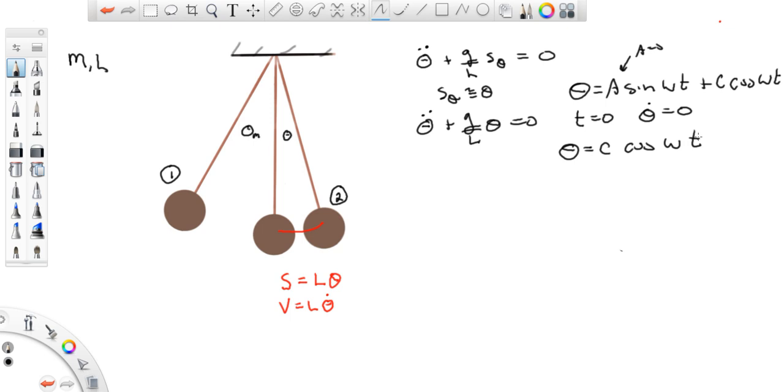Now we're going to start working with this. We're going to need the second derivative. The first derivative is going to be minus C omega sine omega t. Second derivative is going to be minus C omega squared cosine omega t.